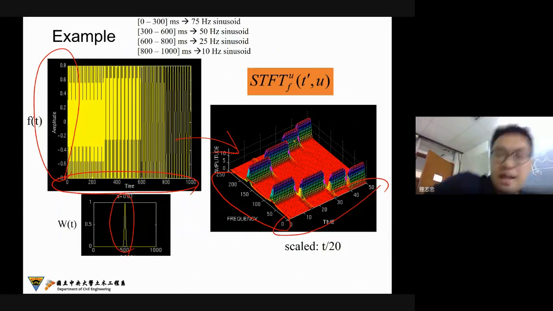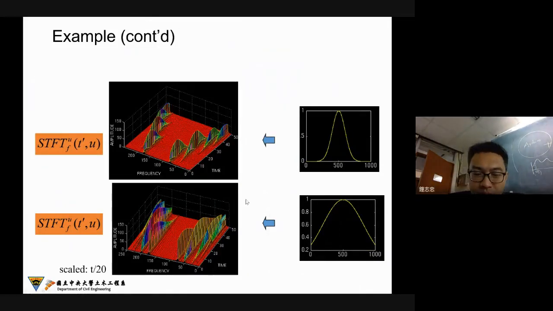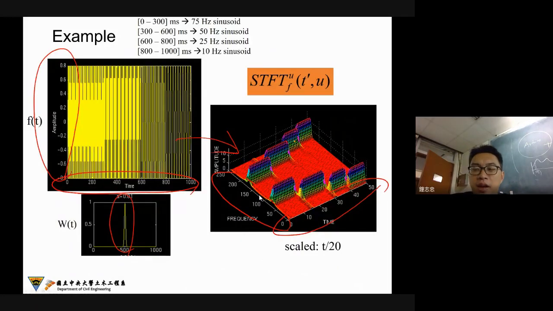So you can find here, I have a small window like this. This is in the time domain. This is a T, so you can find here this is a T inverse.